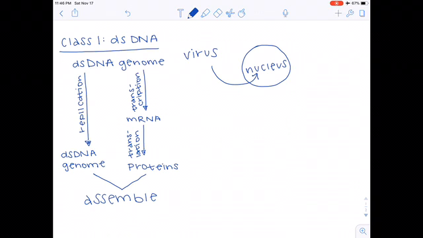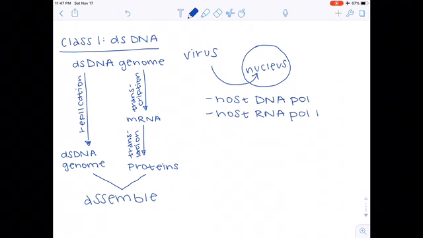So the viral DNA will enter the nucleus of the cell, and it is going to utilize the host's replication machinery, like host DNA polymerase, which is abbreviated DNA pol, and host RNA polymerase 2, which is also abbreviated pol, and then we put a 2.